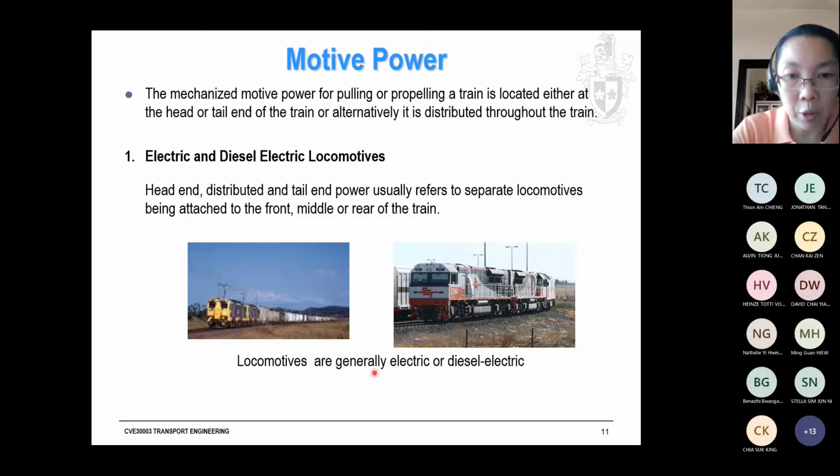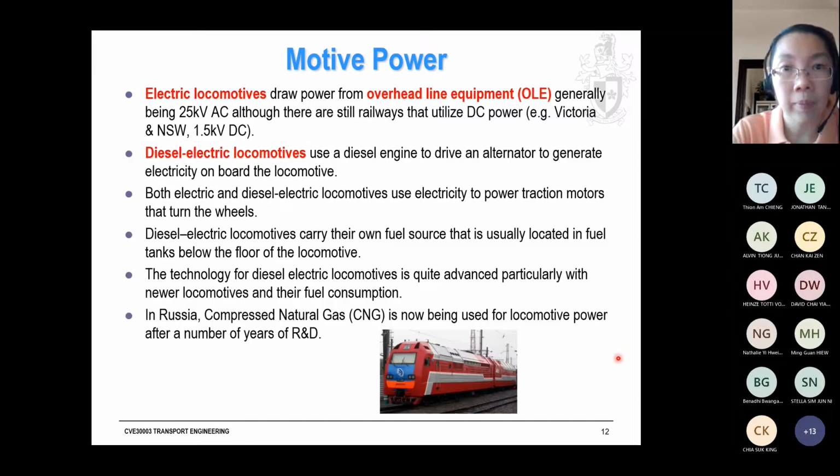Right, so locomotives are generally electric or diesel electric. Electric would be supplied from overhead, the overhead line equipment. Yeah, so electric locomotives draw power from overhead line equipment, OLE in short, generally 25 kilovolt AC, although there are still railways that utilize DC power.